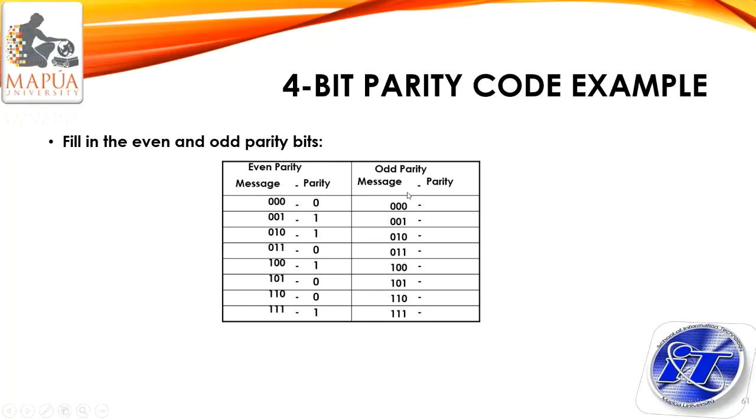To make it odd, the parity bit should be 1. 0, 0, 1 is already odd, so the parity bit is 0. 0, 1, 0 is odd, so 0. 0, 1, 1 is even, to make it odd the parity bit should be 1. 1, 0, 0 is odd, therefore the parity bit is 0. 1, 0, 1 has an even number of ones, therefore the parity bit should be 1 to make it odd. 1, 1, 0 is even, so the parity bit is 1 to make it odd. And 1, 1, 1 is already odd, so the parity bit is 0.